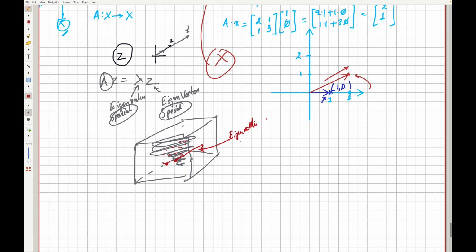So eigenvectors in this wind analogy can be thought of as wind-aligned directions, and eigenvalues could be the strength of the wind along those directions. So what we are going to do is look at this wind from a different set of axes, where even though the wind hasn't changed, it's the same wind, we are changing orientation.